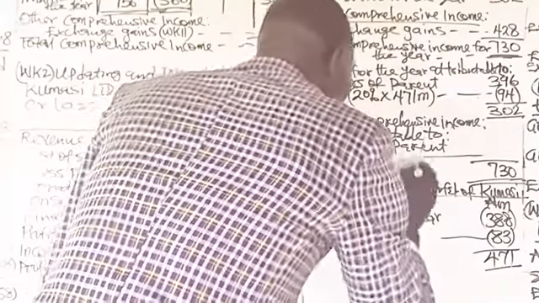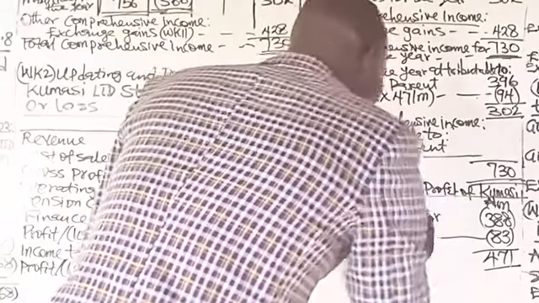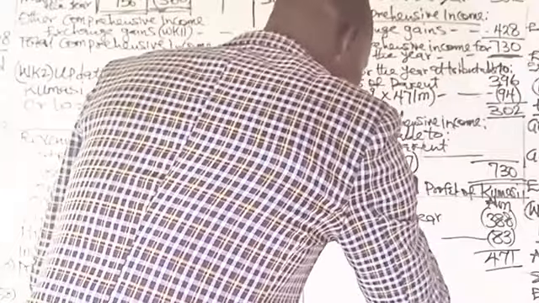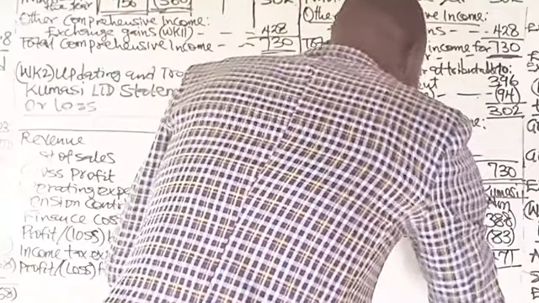94 million, minus from working number 11, we have NCI share of exchange gains. We got 67 million from working 11, when we calculated 20% of 333, so we got 67. So 94 minus 67 gives us 27 million.